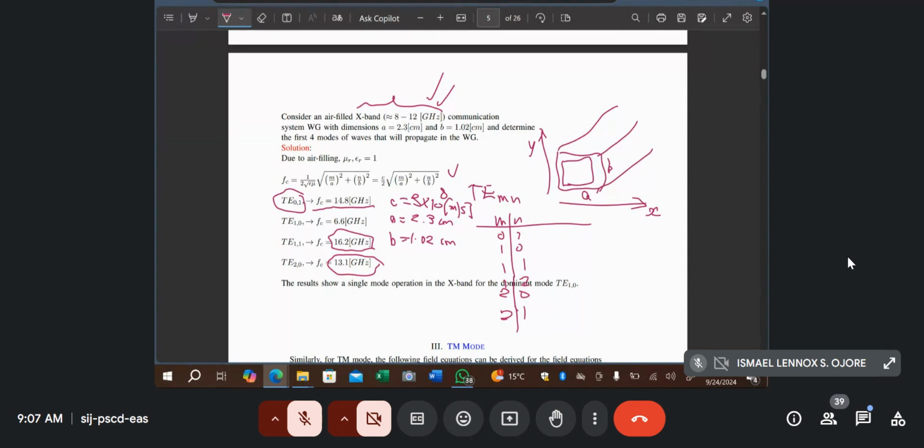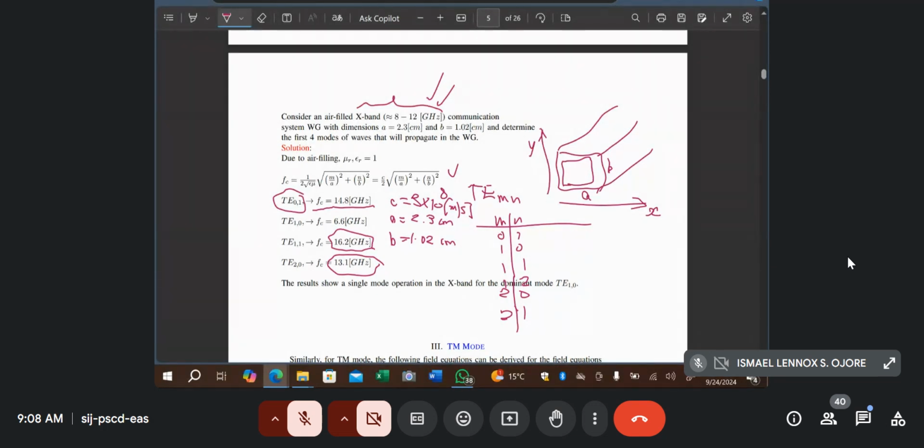So for what you have in your lab, you have a waveguide of this dimension, and you want to operate in the X band. Probably you are only licensed to operate in the X band, 8 to 12 gigs. It means the only way you can apply what you have is to excite the TE10 mode inside that waveguide to have forward propagation.